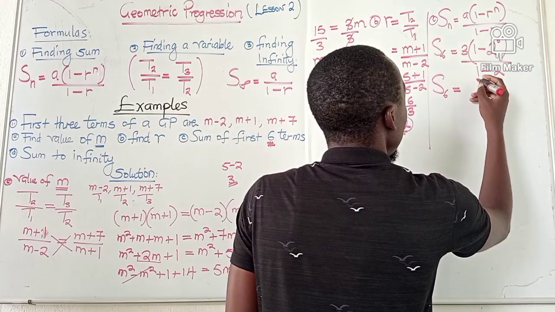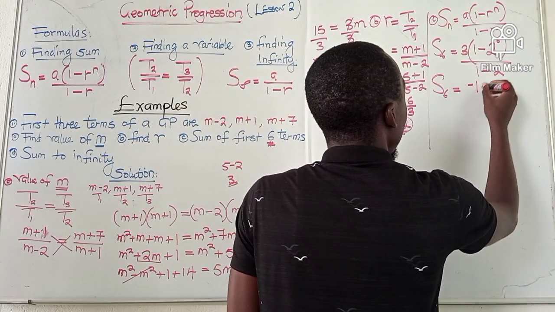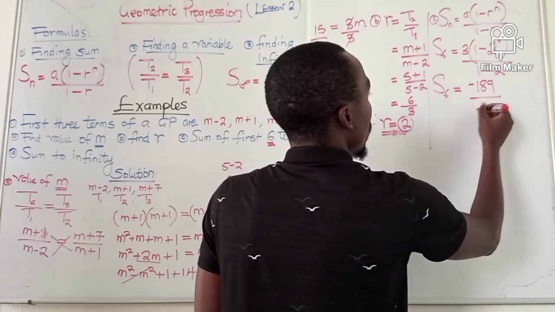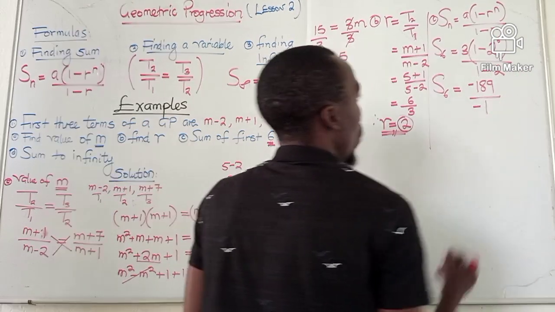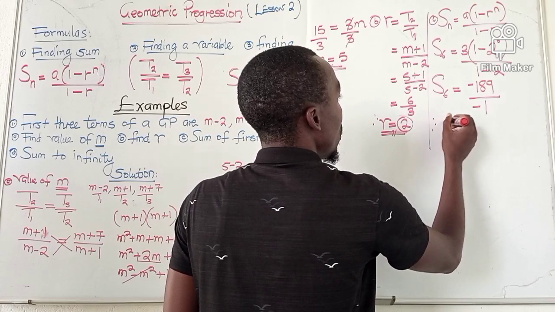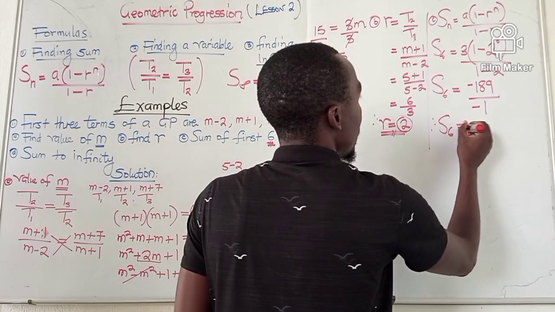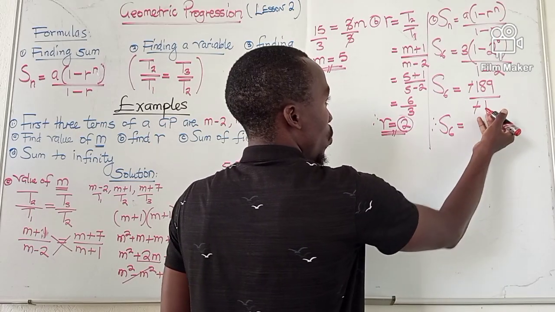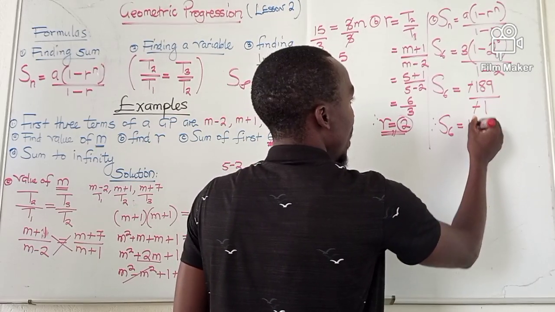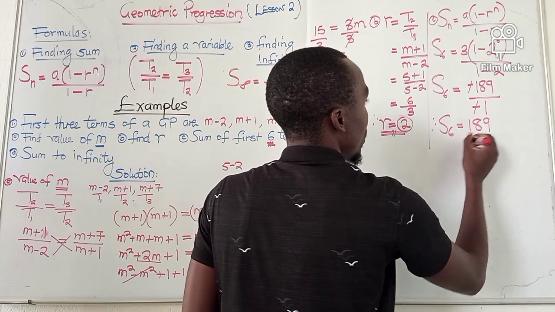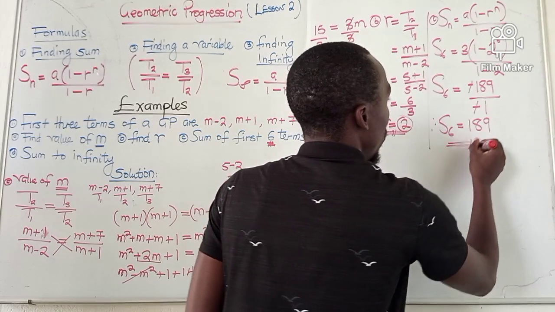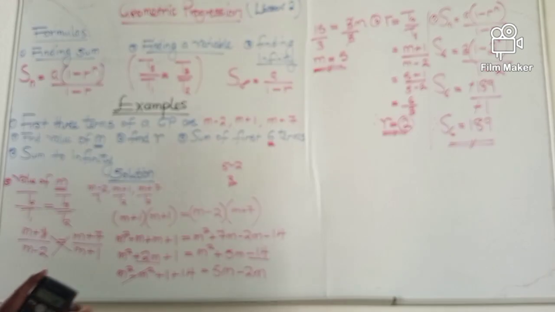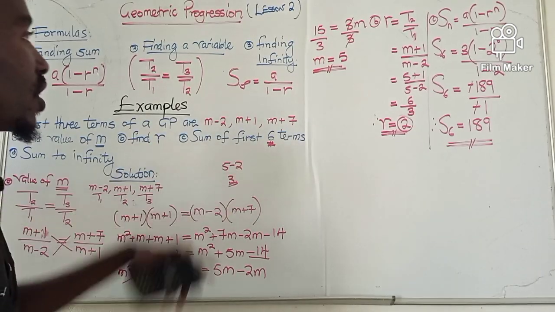So this will give us a negative 189 over, from 1 we take away 2, that would be what? Negative 1. Okay, so therefore the sum of the first 6 terms will equal this negative, and that negative will cancel. So 1 into 189, it will give us 189. You have found your answer. So that is how you calculate the sum of the terms that you are given.